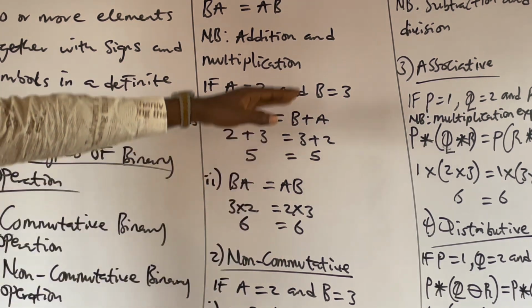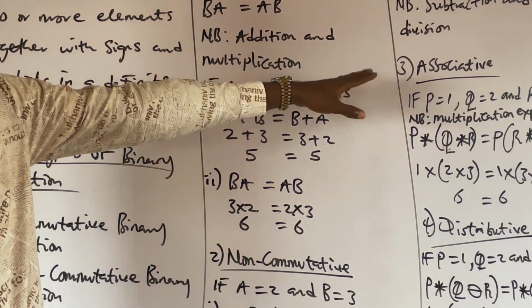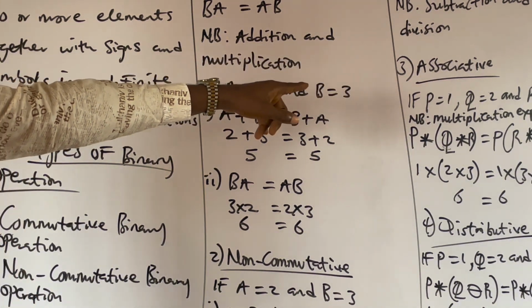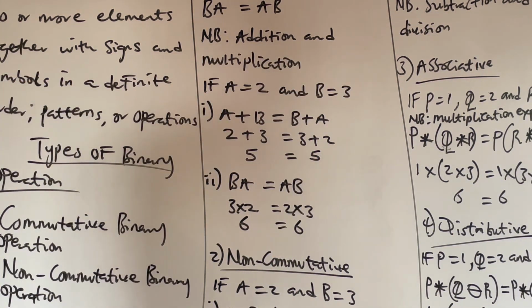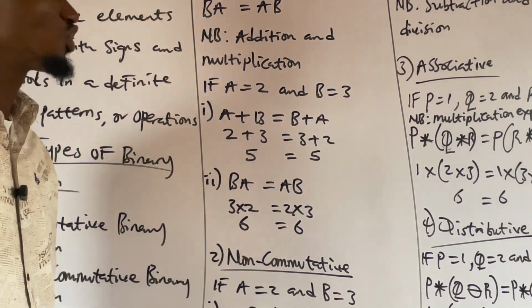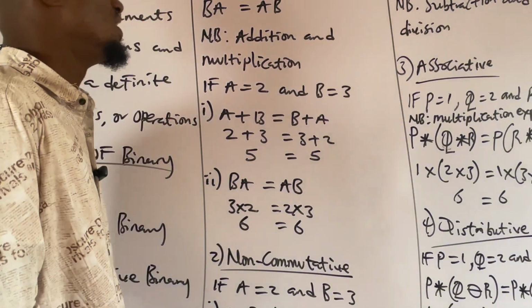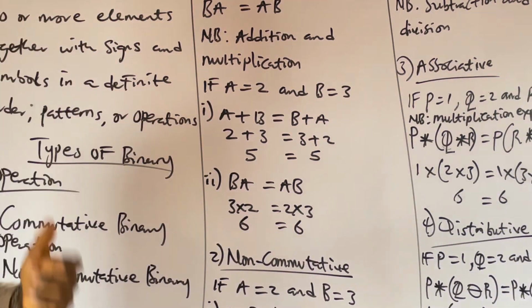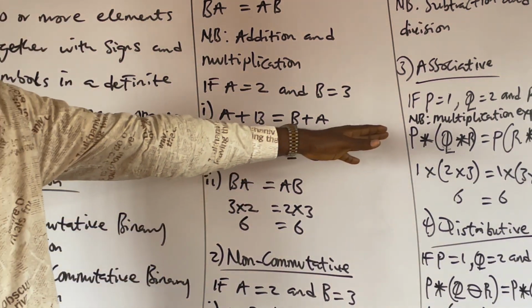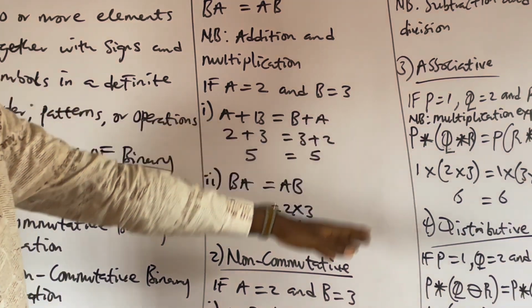We proceeded to associative binary, a relationship of combining two or more variables to obtain the same result.